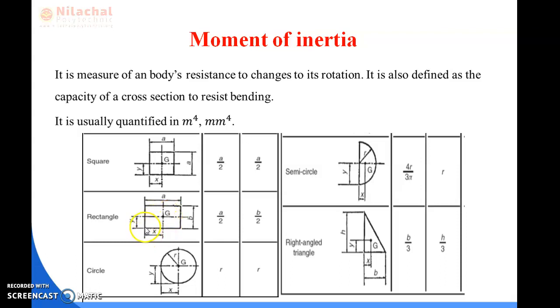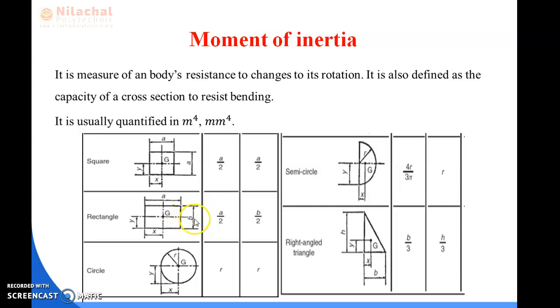While we consider the x-axis, the longer side is denoted as A and the shorter side is denoted as B. The center of gravity value is half of this side, that means A by 2, and similarly in the y-axis it is half of this side, half of B.